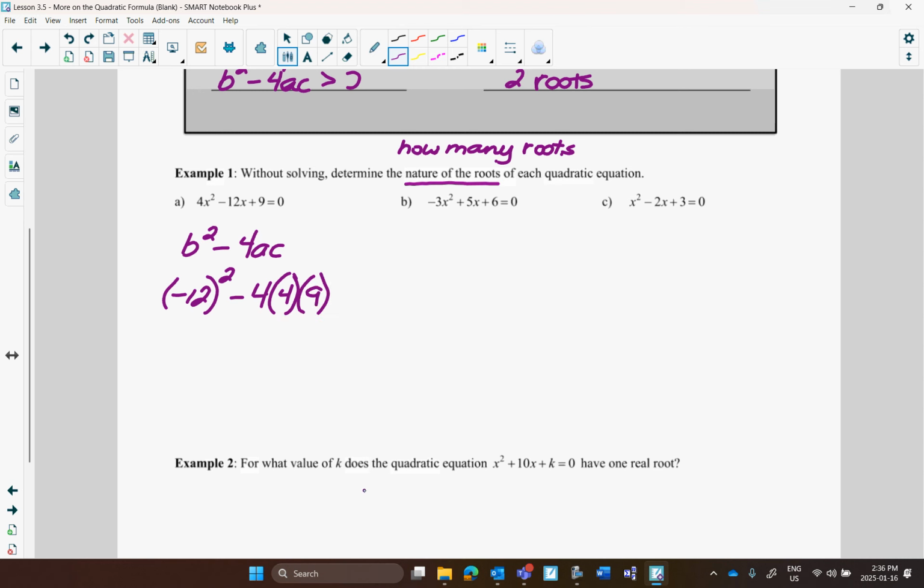And what's going to happen here is you're going to get 144 minus 144, which obviously equals 0. How many roots? 1. See if you can figure out the next 2.